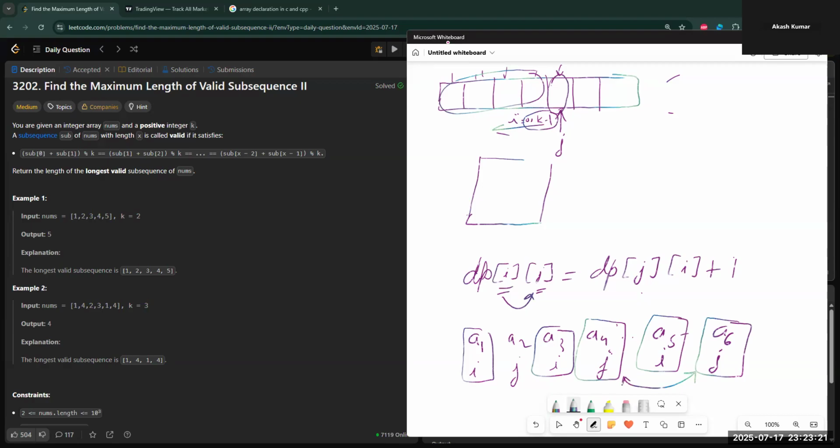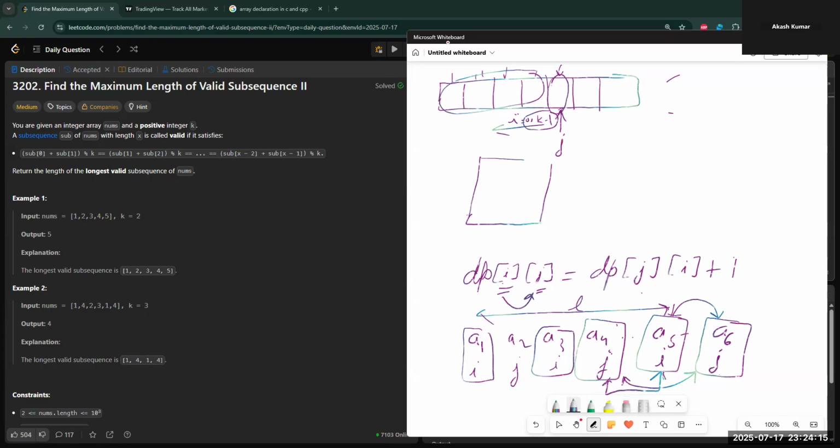That's why, if we want to include this in the valid sequence, and till here its length is, let's say, L, then by including it we add one element. The dp[j][i] value is the count we got, so dp[i][j] equals dp[j][i] plus 1. I hope you guys have understood this.